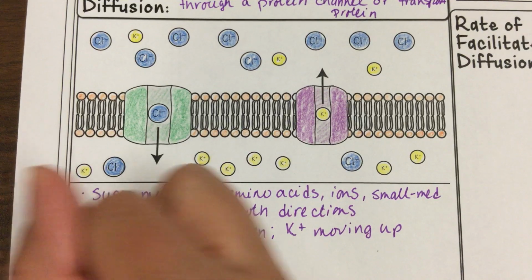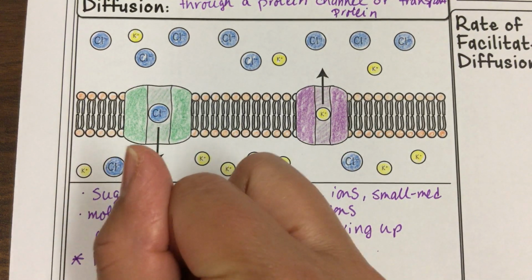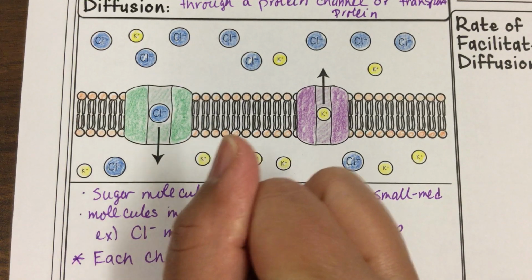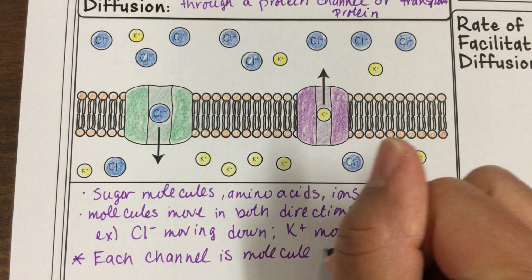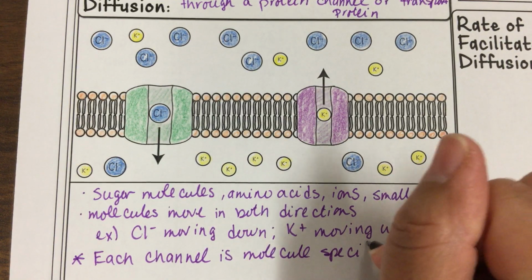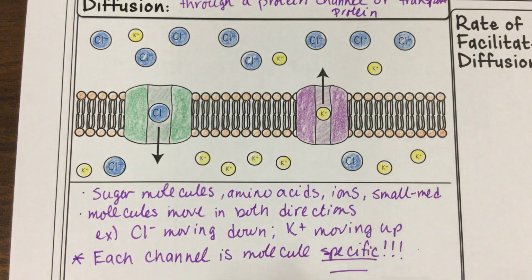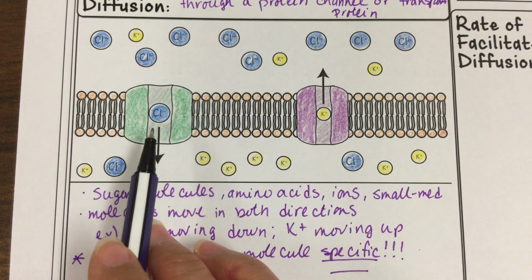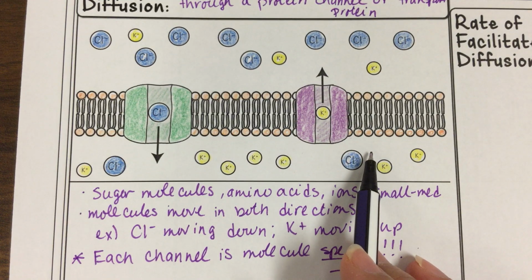Very important, each channel is molecule specific. I can't have potassium ions moving through this chlorine channel, and vice versa over here.